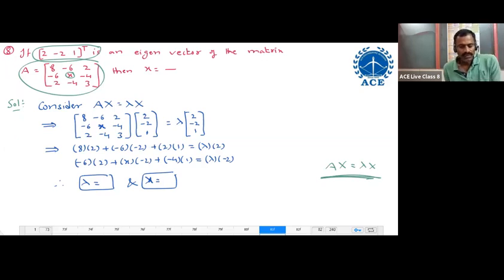Tell me the values of x and lambda. We'll take a break at 7 o'clock and then we continue the topic.